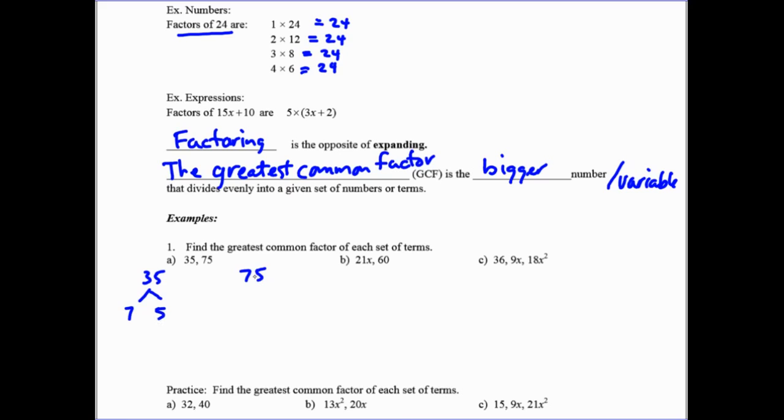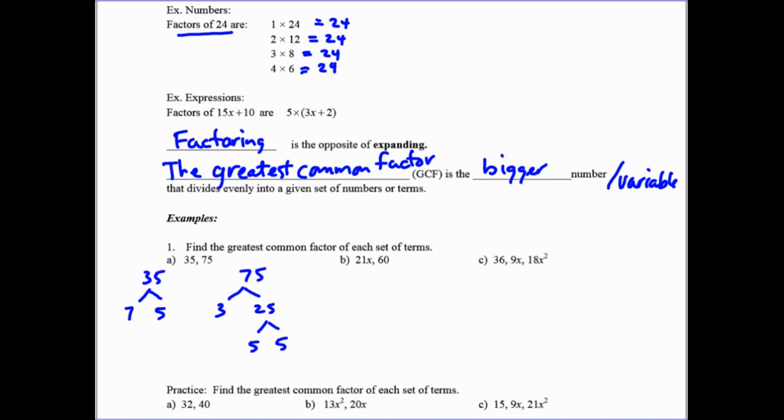What about 75? Well, I know that 75 is like 3/4 in my pocket, so 3 times 25. Now, can 3 be divided any further? No. Can 25 be divided any further? Yes, and the two factors are 5 and 5.